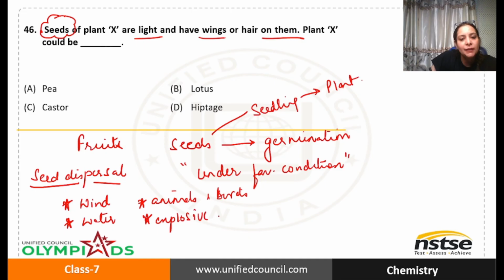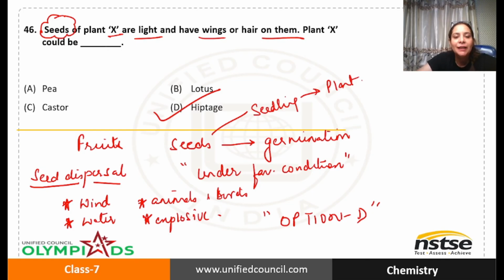Okay, so these are the methods of dispersion. Now the seed of plant X is shown as light and having wings or hair on it. So we need to identify that seed. Correct answer is D, that is hiptage. Hiptage is a plant whose seed is light and has wings or hair on it. That is the reason it can be easily dispersed through wind.